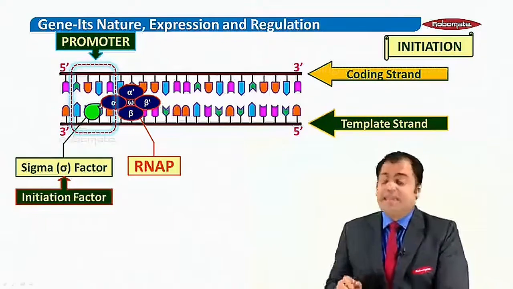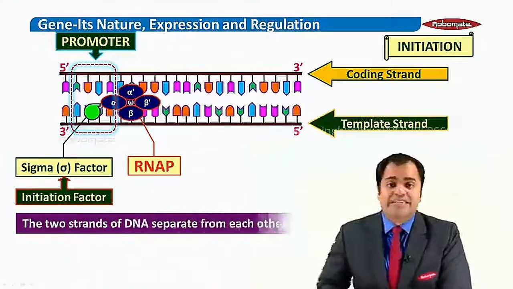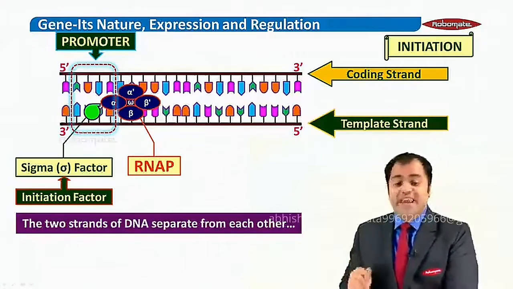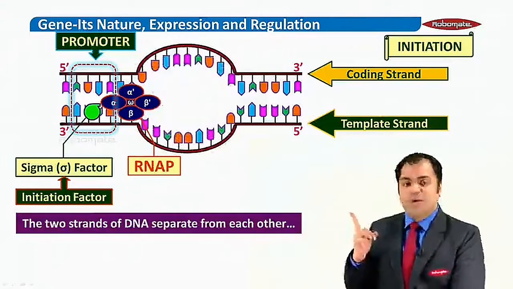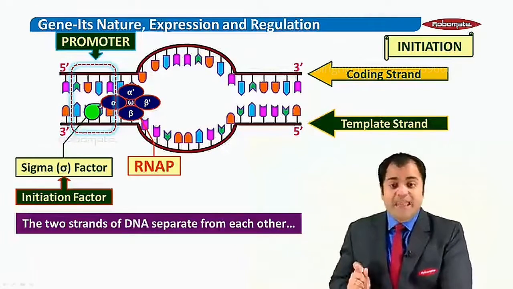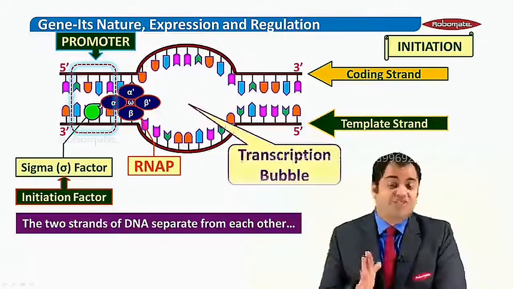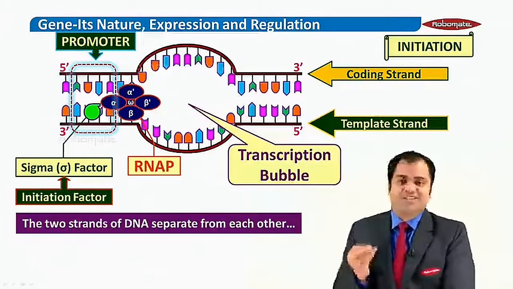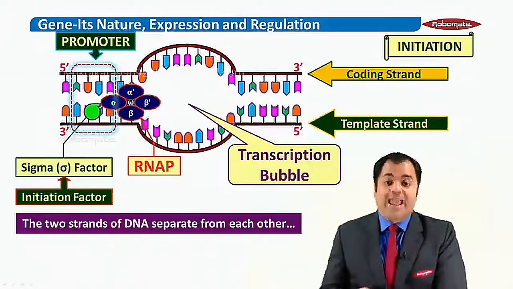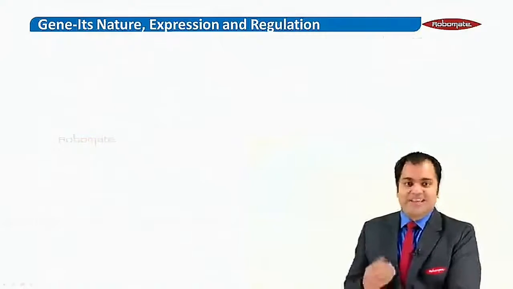Now after the RNAP binds to the promoter, what happens to the DNA? The two strands of DNA separate from each other. Let us see how. There you go. They just got separated, and it leaves an open area which is called the transcription bubble. Now here is where transcription will initiate, and we move to the next step, which is called elongation.